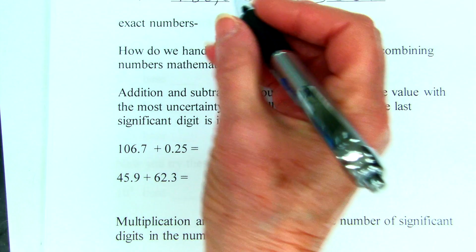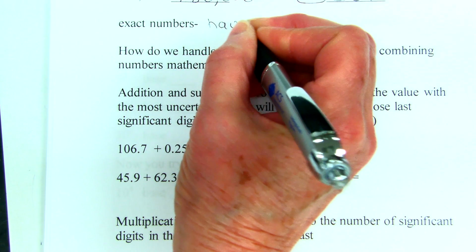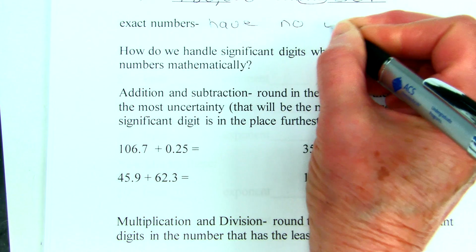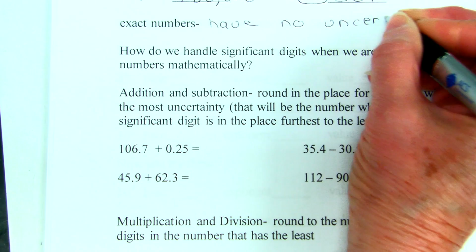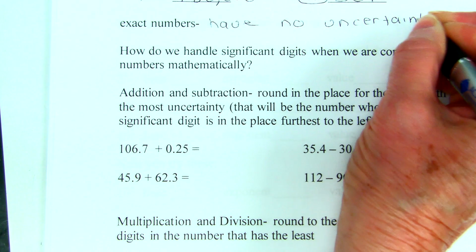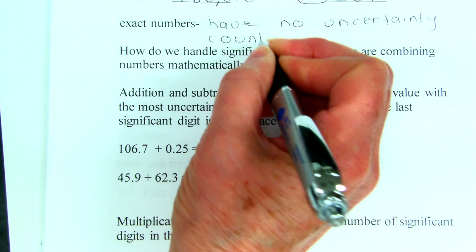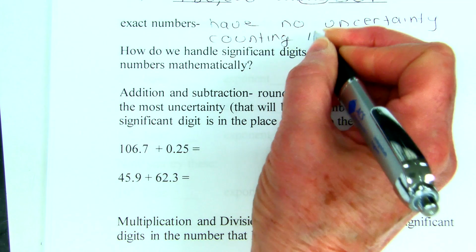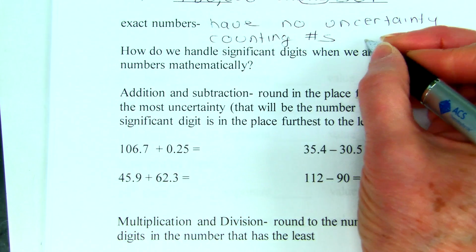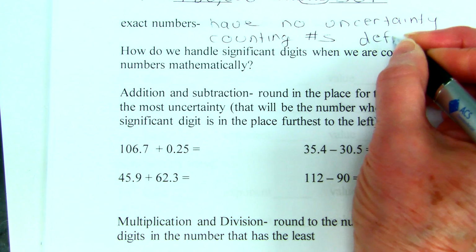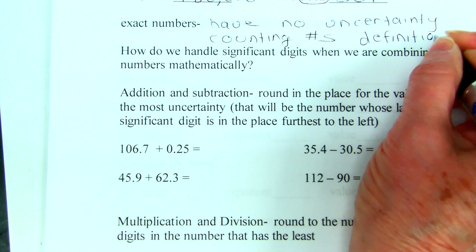Exact numbers are numbers that have no uncertainty. They have no uncertainty because they are not measurements. These are things like counting numbers and definitions.